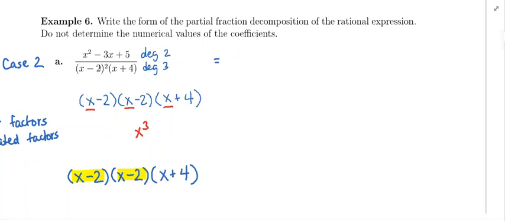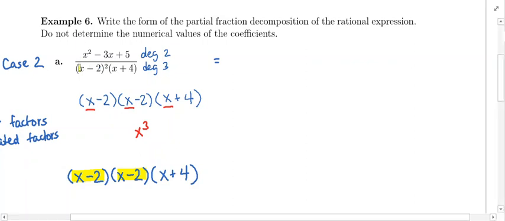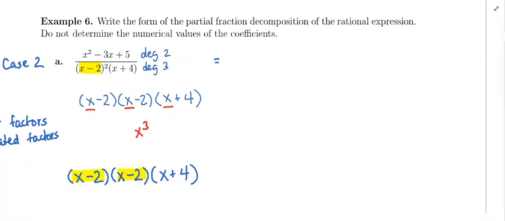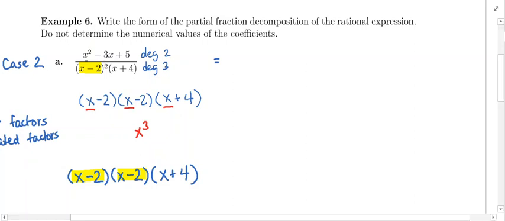Yes, if you were to multiply this thing out, you would end up with something quadratic, but as it's written, the factor inside, the x minus 2, is linear. It is repeated because it's multiplied by itself. So since the highest power of x minus 2 is the second power, this x minus 2 part is going to contribute 2 fractions.